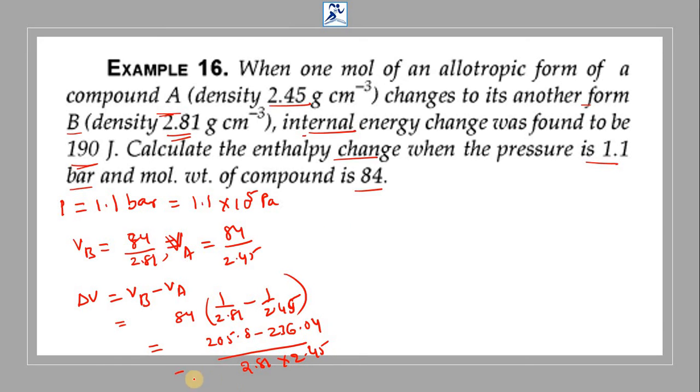This simplification answer you will get close to minus 30.24 into 10 power minus 6 meter cube per mole. Actually it is 3.24 centimeter cube per mole that came. That if you convert into meter cube per mole, then you will get 10 power minus 6 meter cube per mole.